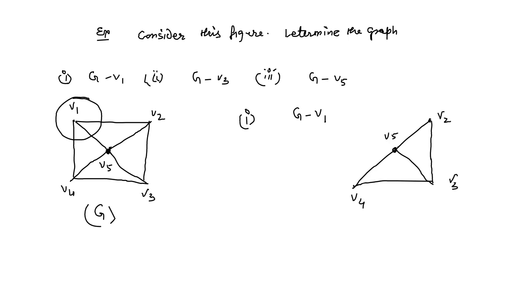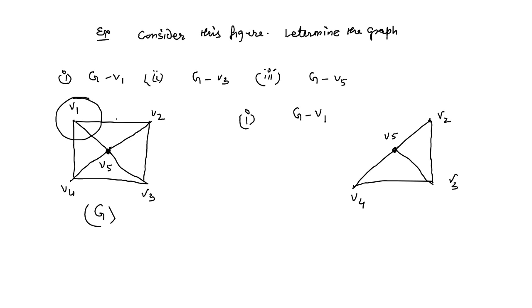So this is the G minus V1 graph. When we remove vertex V1, all the edges incident with that vertex are also removed. So this edge, this edge and this edge, three edges are removed when we remove the vertex V1.